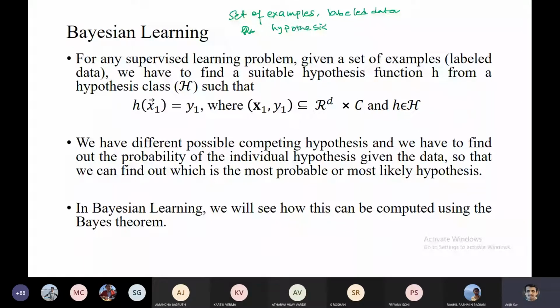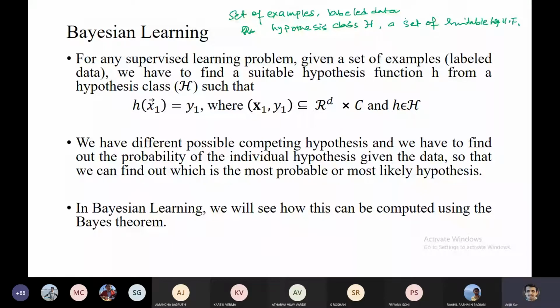So what do you mean by hypothesis class? A set of suitable hypothesis functions, or I should say the HF.